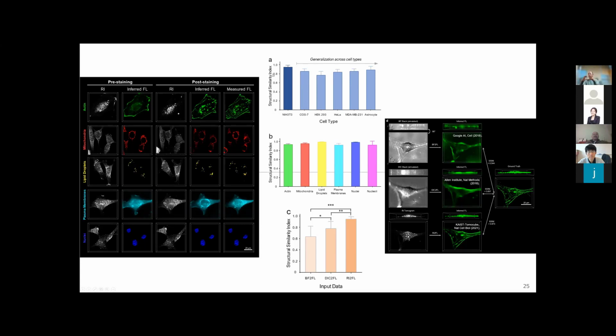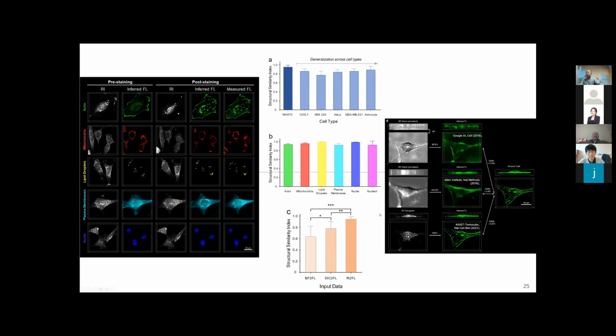If you have the perfect matching in 3D space, it provides a value of 1. If there's no correlation, it provides a value of 0. And for the case of NIH 3T3 cell, where we have trained this data set, accuracy is greater than 97%. And for other cell lines, which the AI algorithm hasn't seen before, the accuracy is still greater than 80 to 90%, which is very, very interesting.